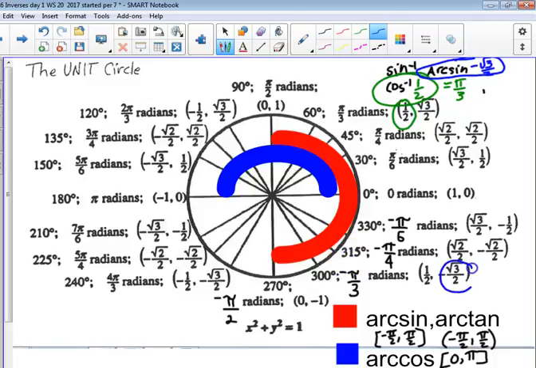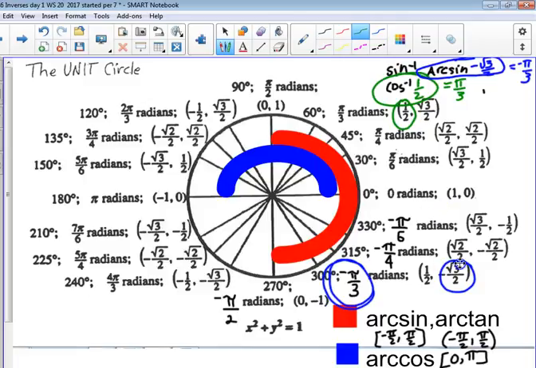Here is the y value, and we renumbered this because of the restricted domain. We have to answer between -pi/2 and pi/2. So instead of calling this 5 pi over 3, we have to answer that this occurs at -pi/3. All right, so that's a super fast review from yesterday.